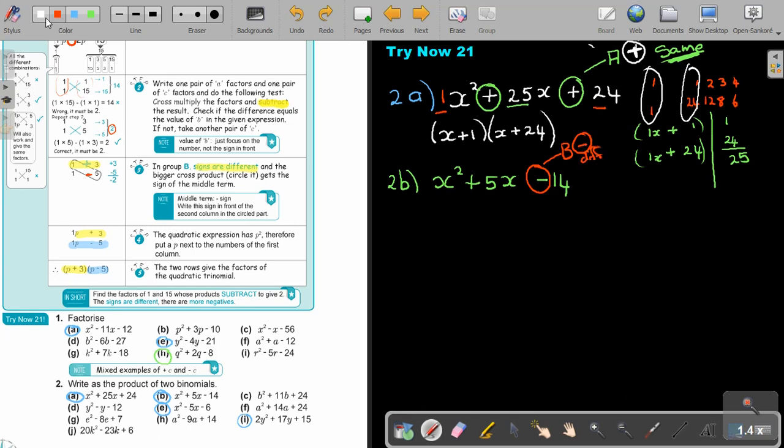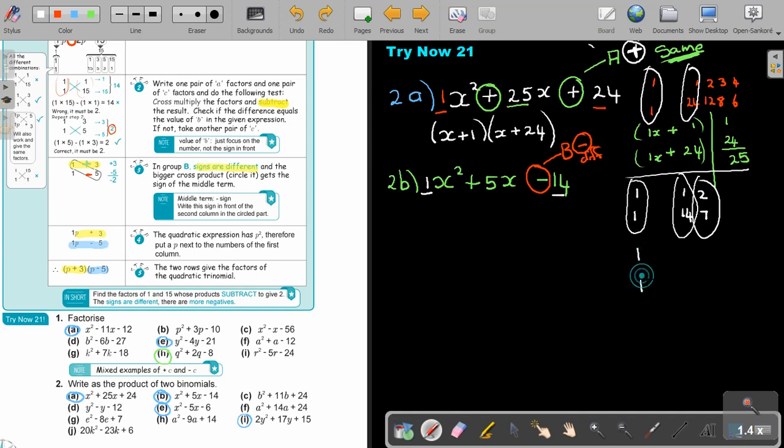Okay, but start again by writing the factor pairs, 1 and 14. So it's 1 and 1, and it's 1 and 14, and it's 2 and 7. Yes. Okay, now 1 on this side, 1 on this side. 14 minus 1, try this one. 7 minus 2, wow, it's 5.